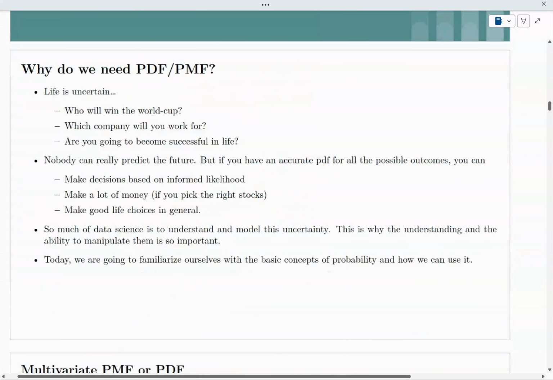So why do we need this probability density function or mass function? Why is that useful? Well, life is uncertain, right? You don't know who's going to win the World Cup, which company you will end up working for, or whether you are going to have a successful life. There are a lot of things that are uncertain in your life. However, even if you can't predict the future, if you could have an accurate likelihood of these things happening, you can still make really good decisions based on informed likelihood, right?